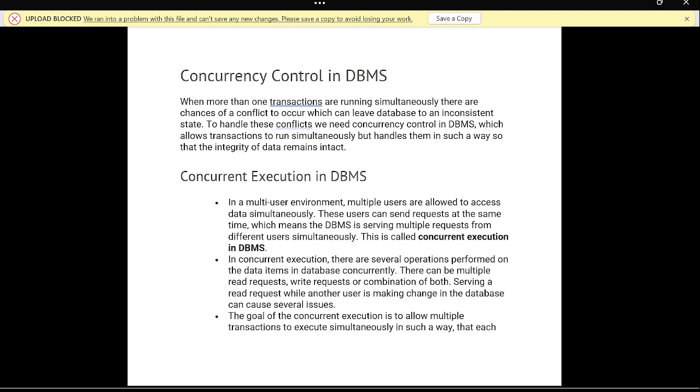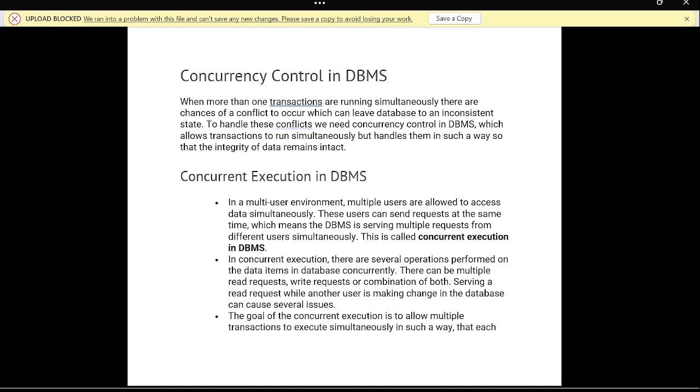The bank person may think that I'm the only person who is going to withdraw the cash. He doesn't know that simultaneously the other person is also withdrawing the cash. That leads to inconsistency of data. That tells us that the bank does not have any concurrency control in the database.